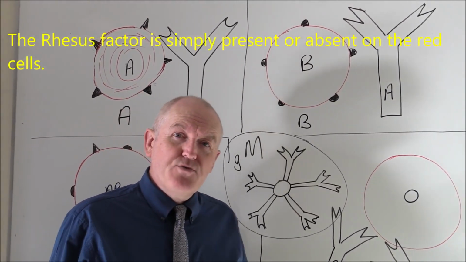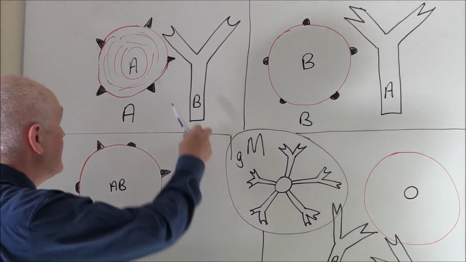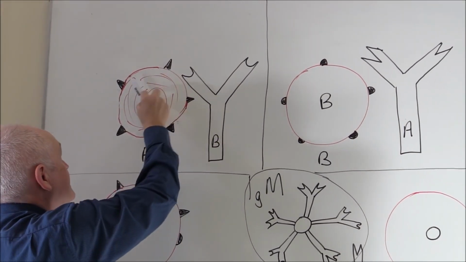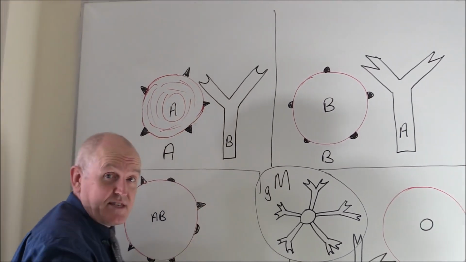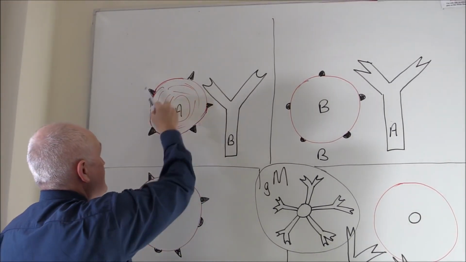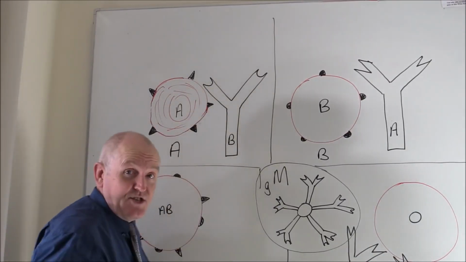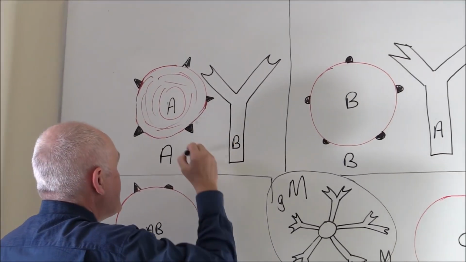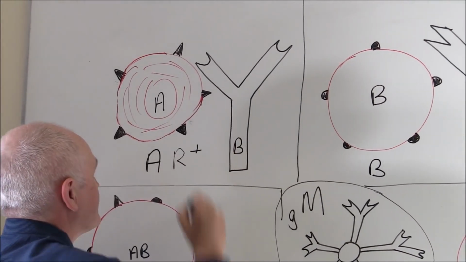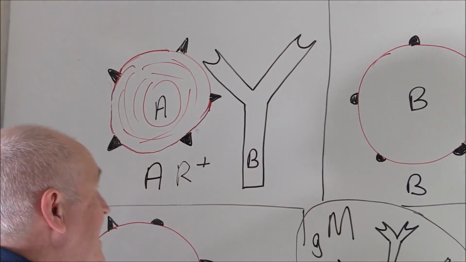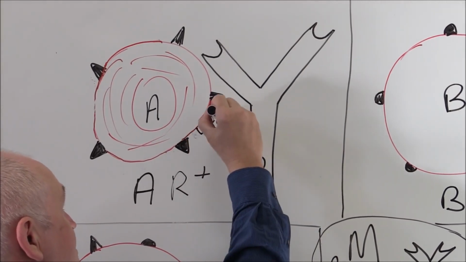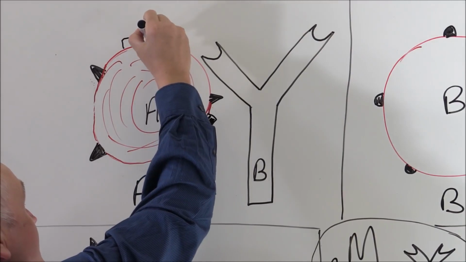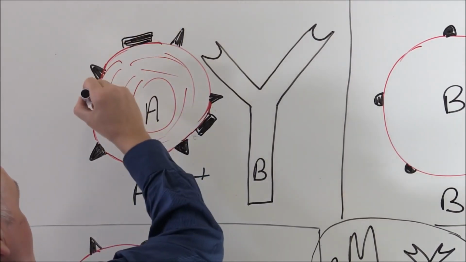So if someone's blood group A, as we see here, we notice that there are A antigens on the surface of the red cell, but we notice at the moment there are no other antigens on the surface of the red cell. But if someone is A Rhesus positive, then they will have Rhesus factor antigens on the surface of their cells as well. And this is another antigen.